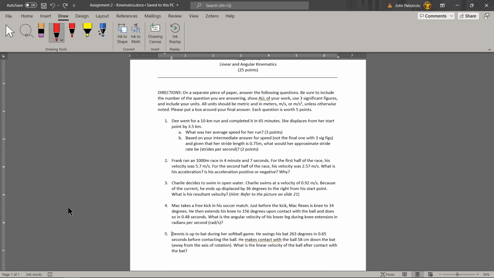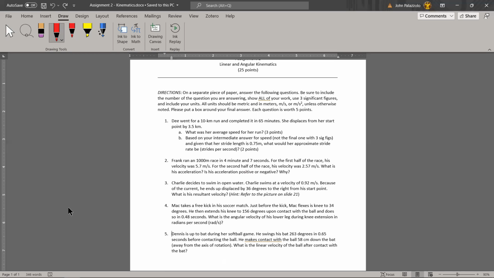For B, this one might be a bit tricky because I'm not sure how well I covered it at this point. Based on the answer you got from A, not the one you rounded to 3 significant figures but your intermediate answer, and given that her stride length is 0.75 meters, what would her approximate stride rate be?